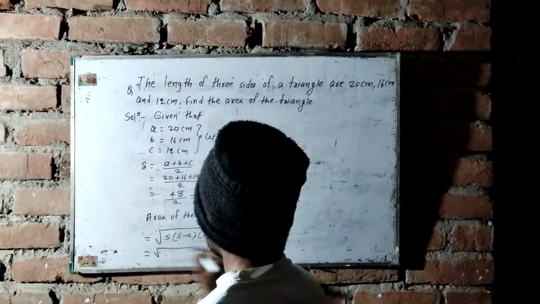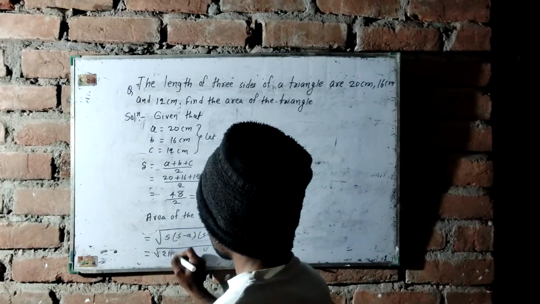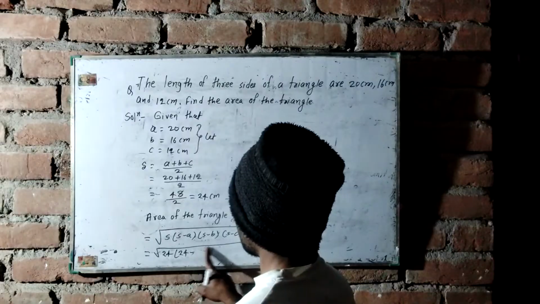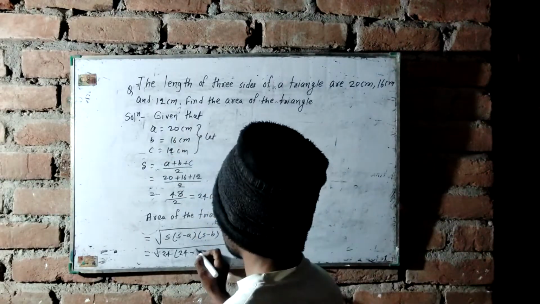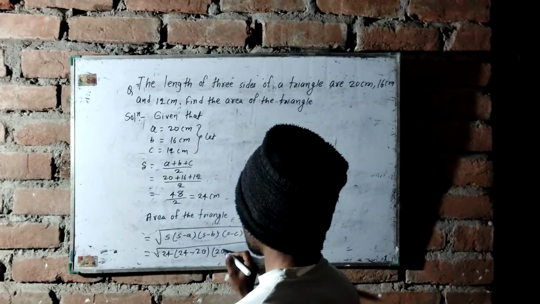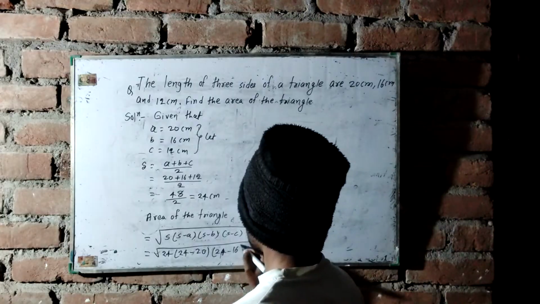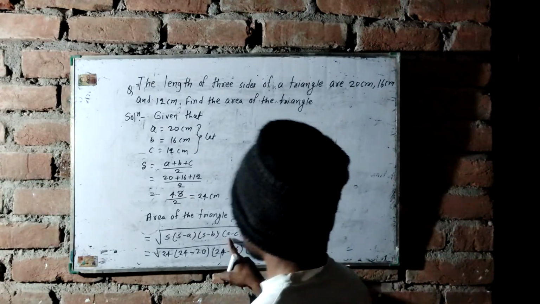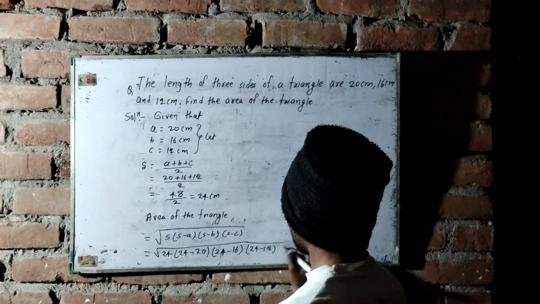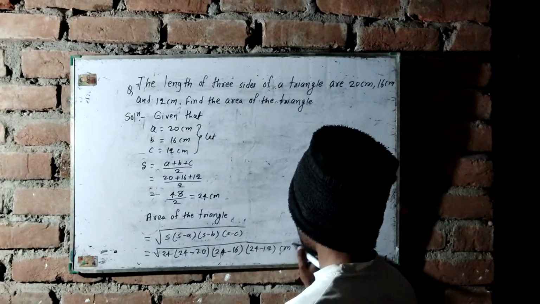So now we can write 24 into 24 minus 20, and 24 minus 16, and 24 minus 12, square unit, that means centimeter square.